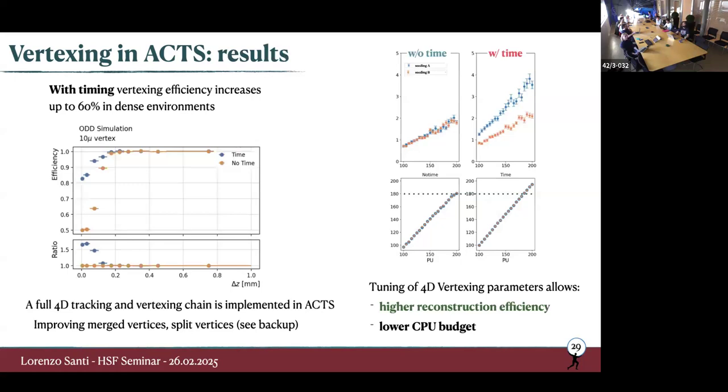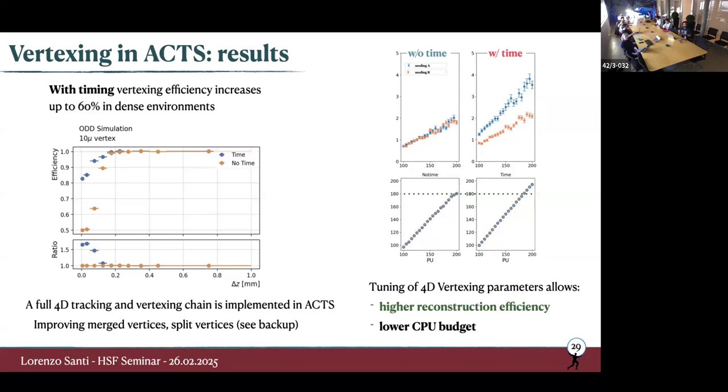In terms of results, on the left I want to show two curves for the efficiency as a function of the distance between two vertices on muon events. In particular, you can see that with time, the efficiency increases a lot when the two vertices are very close to each other.